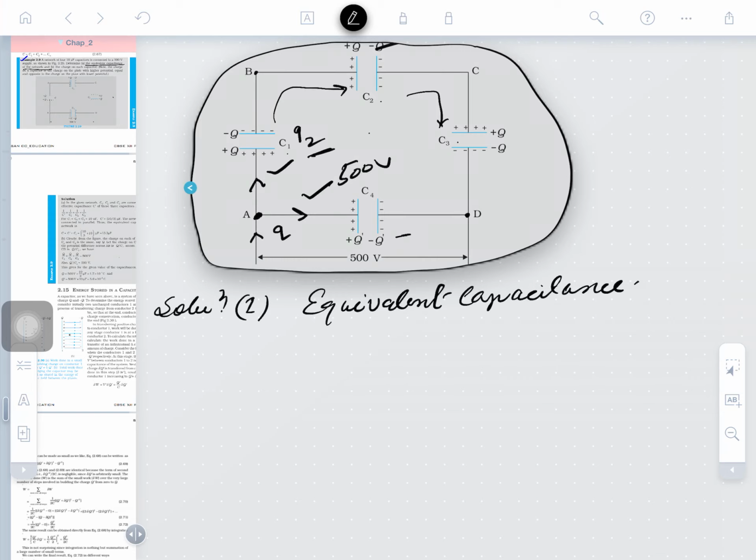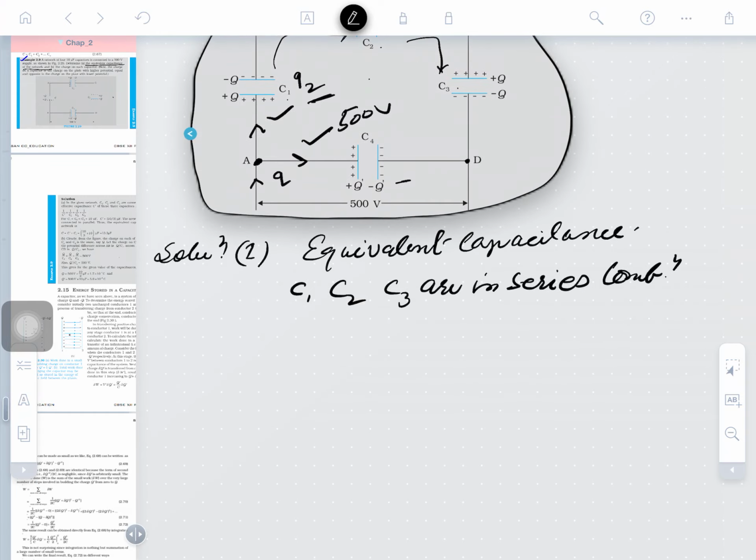It means C1, C2, C3 are in series, so their equivalent is 1 by C1 to 3.